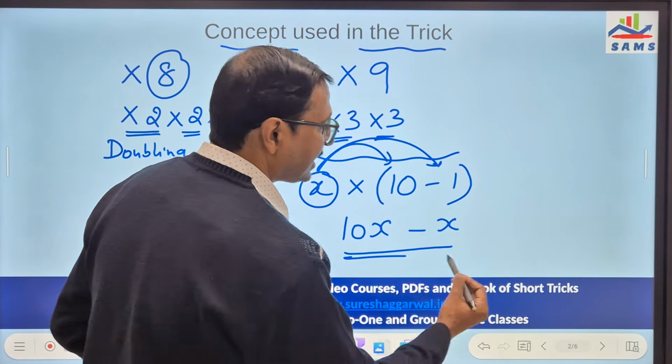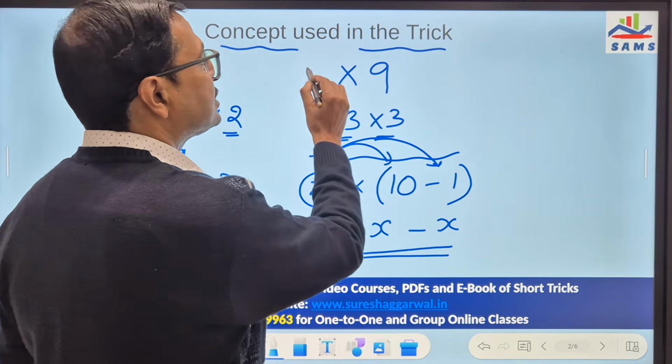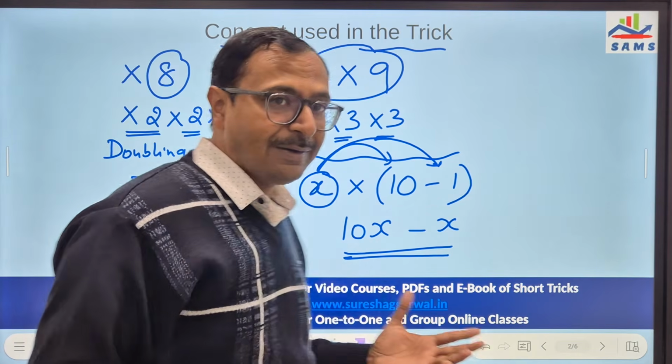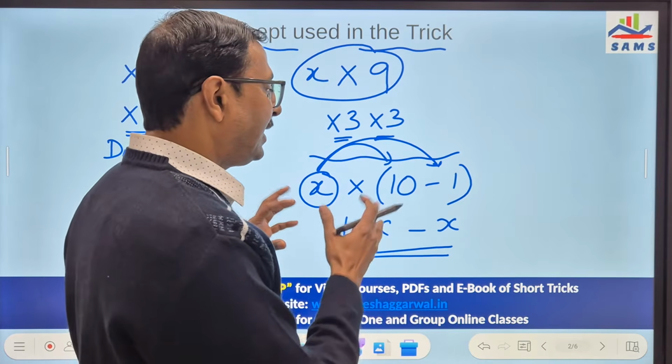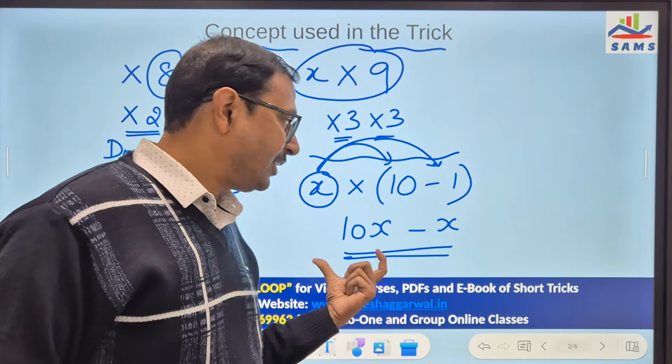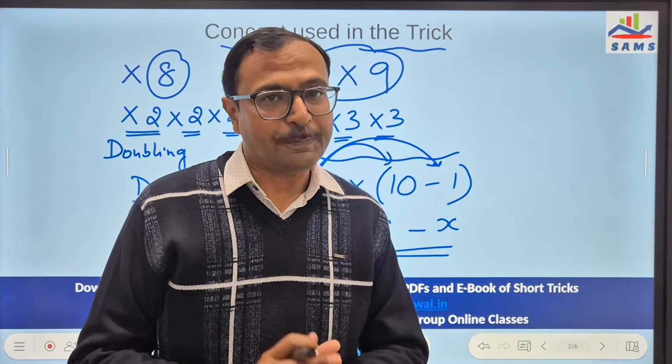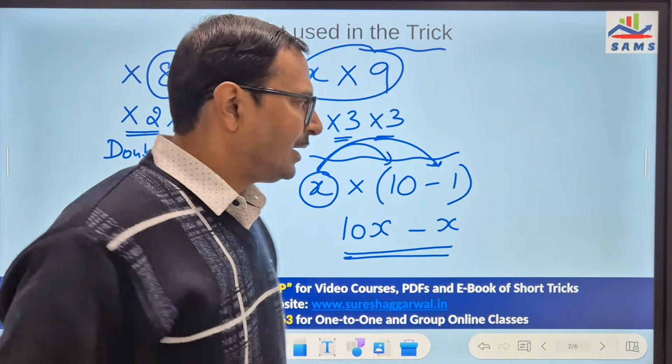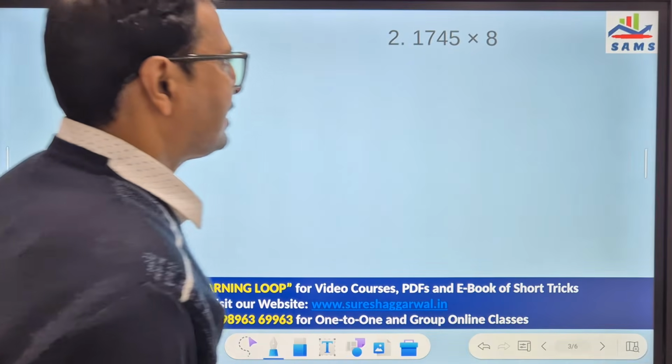So 10x minus x actually gives us 9x, which is exactly what we want. So multiplication by 10 and then subtraction of the same number from that product will also give us the product with 9. So let's understand by using some examples.